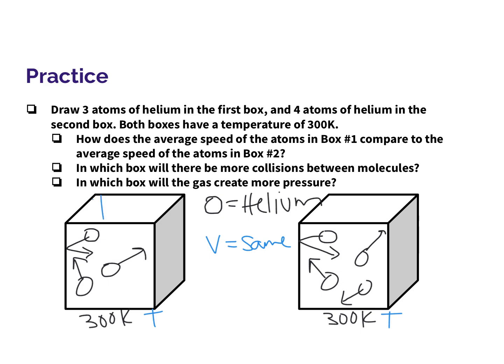But box 1 has 3 helium atoms, and box 2 has 4 helium atoms. So box 2 actually has more atoms, which is going to create more collisions. So that's going to be box 2. And because box 2 has more collisions, box 2 is also going to have a greater pressure inside.